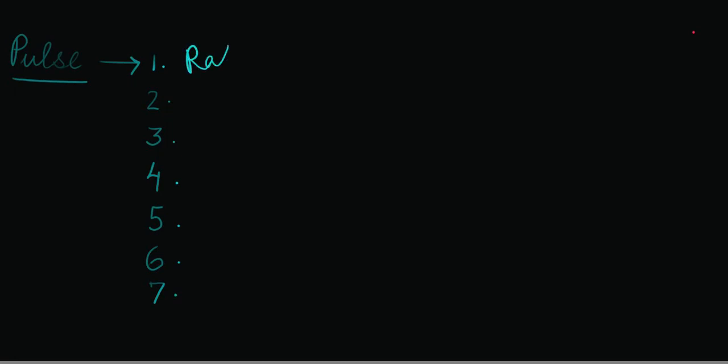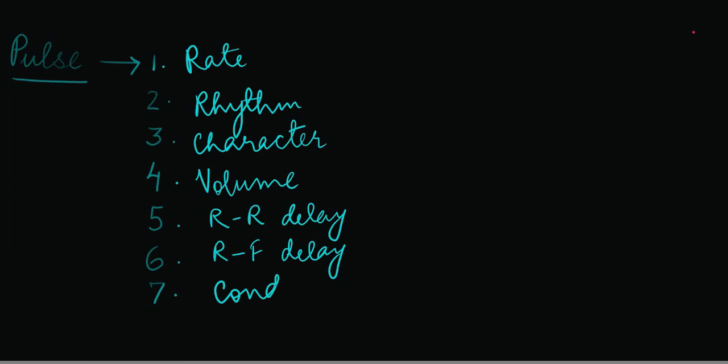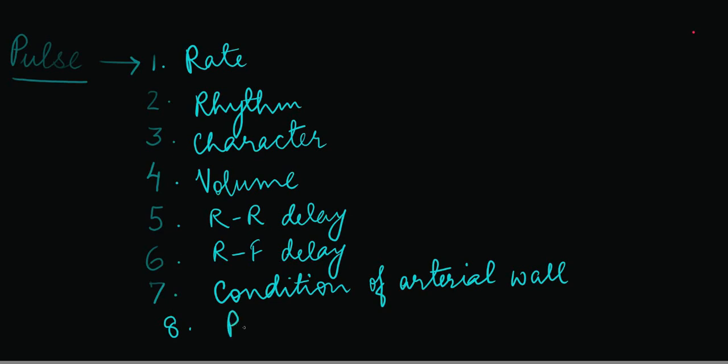Those are the rate of the pulse, rhythm, character, volume, the radio-radial delay, the radio-femoral delay, the condition of the arterial wall, and the 8th one is the palpation of peripheral pulses.